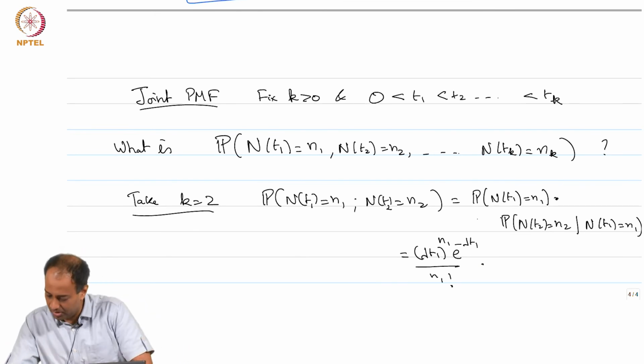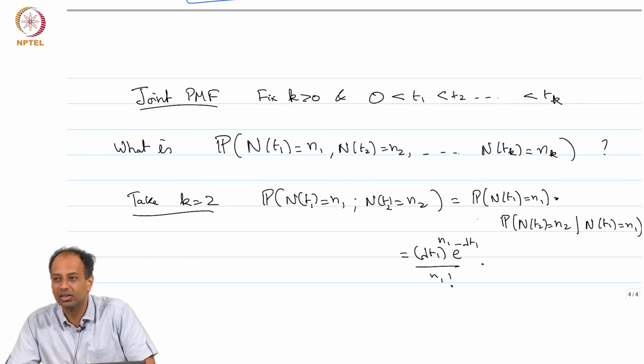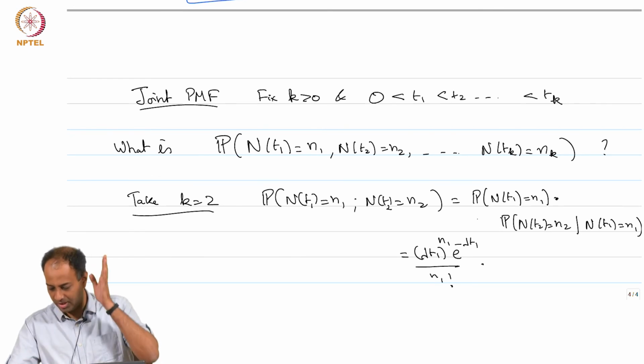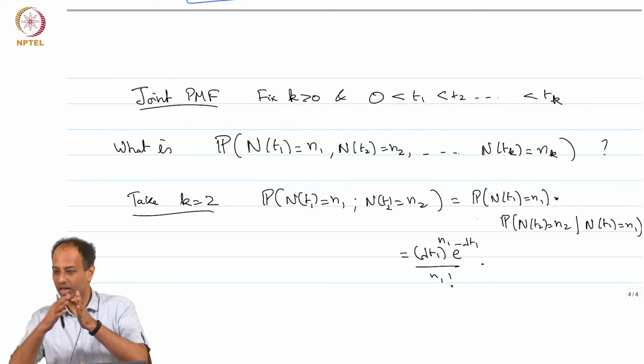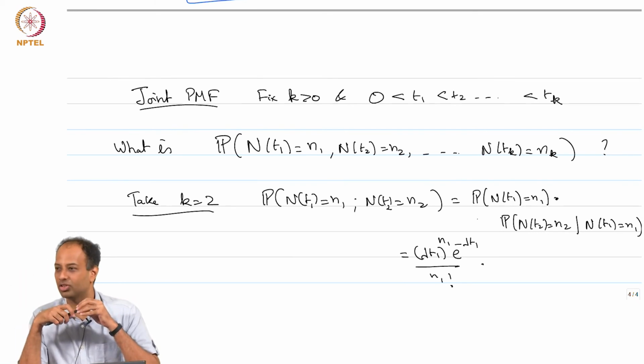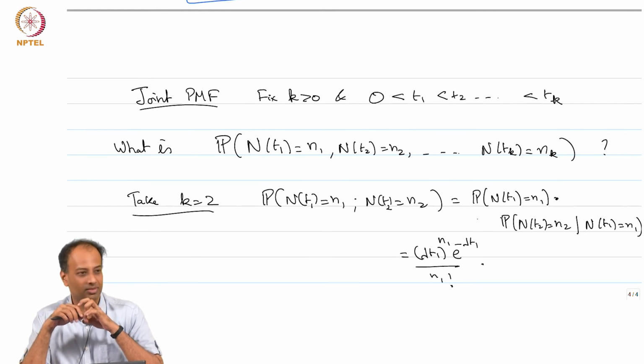Then you are looking at, given that N(T1) is equal to n1, what is the probability that N(T2) equals n2. Now you have to use some property of the Poisson process. If there have been n1 arrivals till T1, you want another n2 minus n1 arrivals to come in an interval of width T2 minus T1.